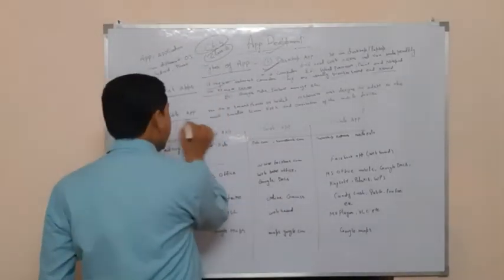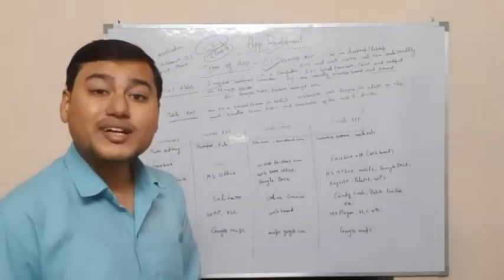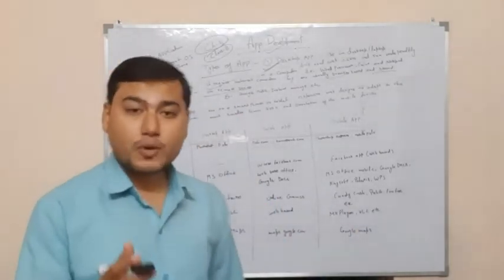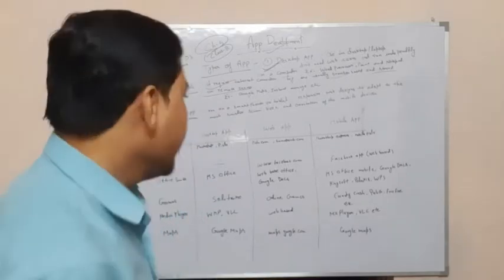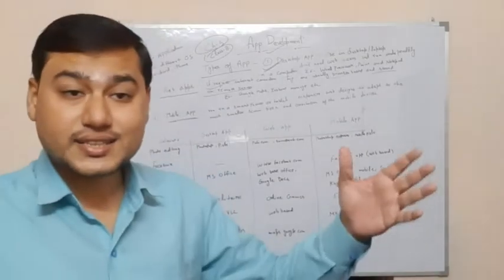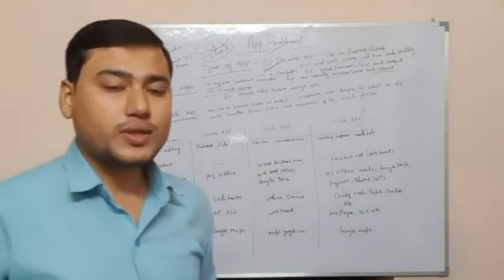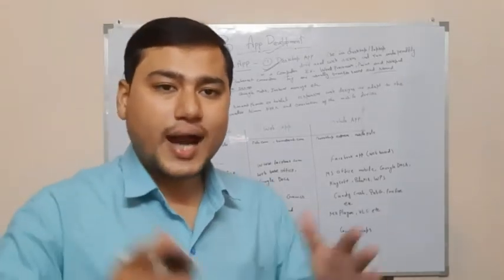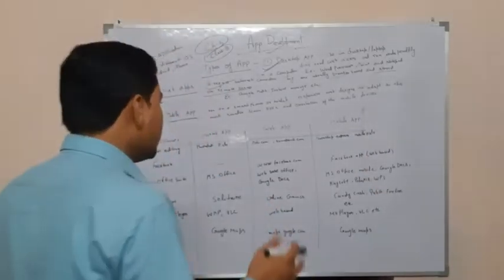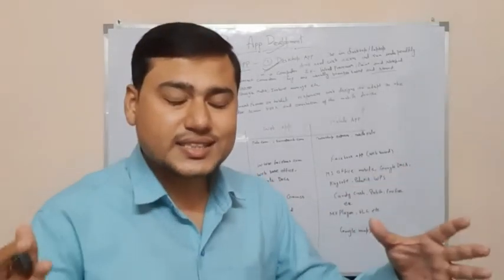Now, mobile app. What is a mobile app? A mobile app is an app we can run on our smartphone, mobile phone or tablet. When we use a web app on a mobile phone, many websites are very responsive and can adjust to the screen size of the mobile phone or tablet, because a mobile phone screen is very small, a tablet screen is a little bigger, and a desktop screen is very big.